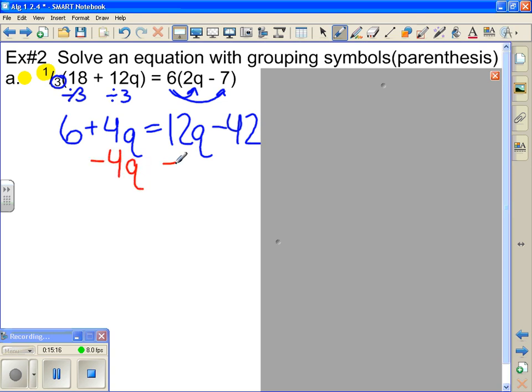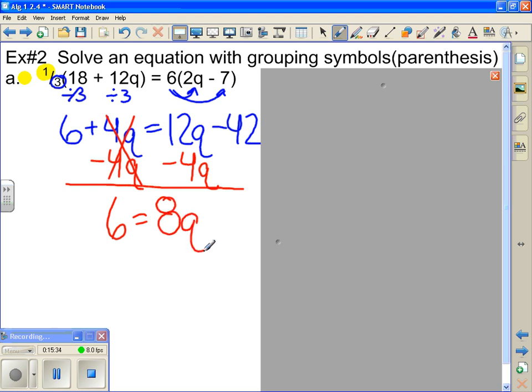And we're going to subtract the 4q because the 4 is positive in front with a plus sign. So the 4q's cancel out, leaving 6 on the left. And 12 minus 4q makes, that's right, 8q. And then your minus 42 comes down.